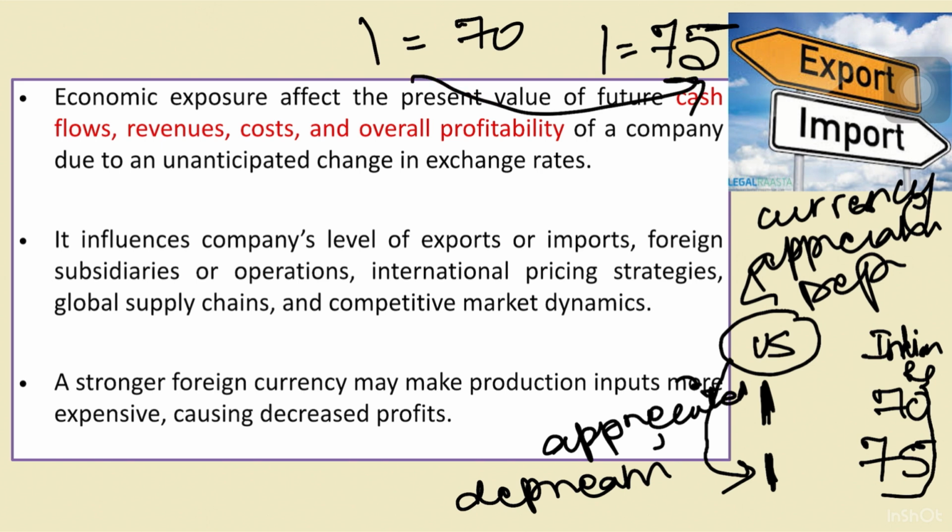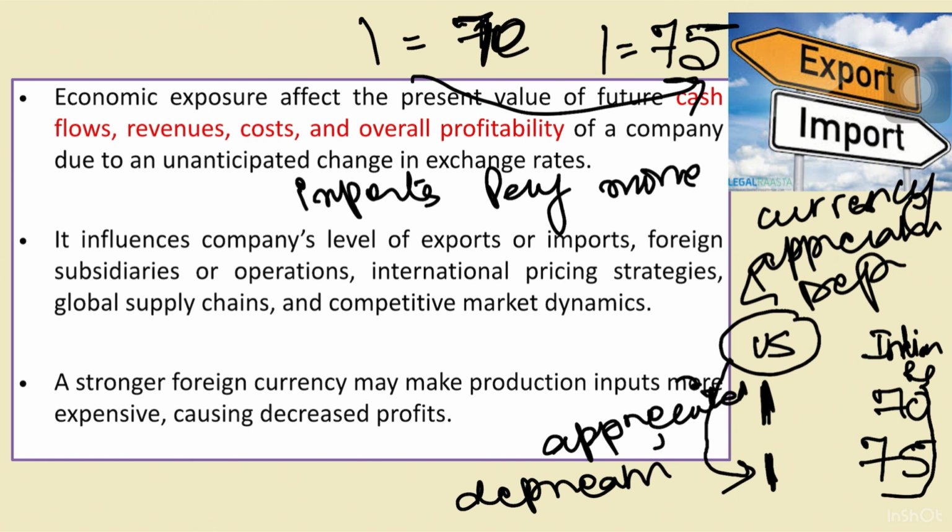Indian currency has depreciated. Whenever a currency depreciates, for imports I have to pay more. Earlier I was paying 70 rupees for purchasing something, and now for the same thing I have to pay 75 rupees.